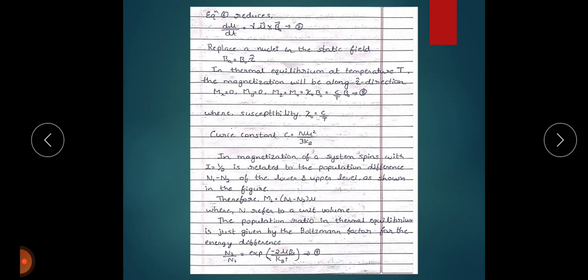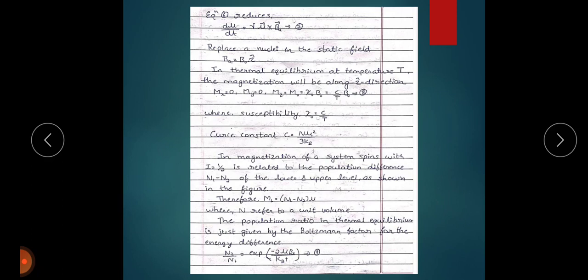Magnetization along Z is Mz equal to M naught, which is equal to chi naught into B naught, where chi naught is the static susceptibility and B naught is the static field. This equals C by T into B naught, taken as equation number 8, where the static susceptibility chi naught is equal to C by T.